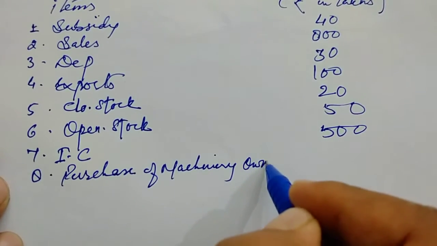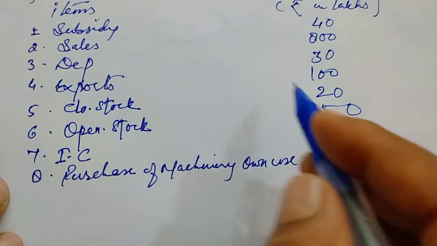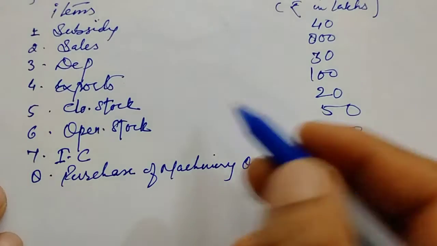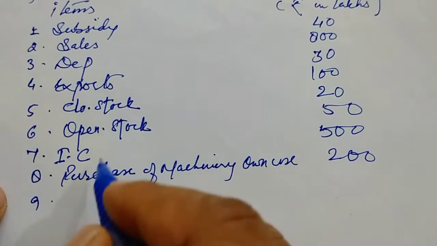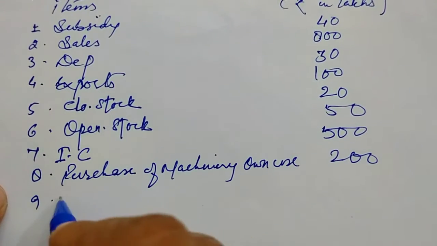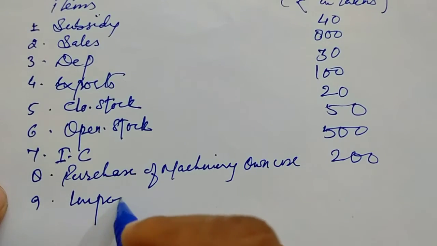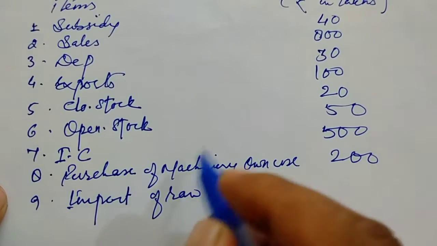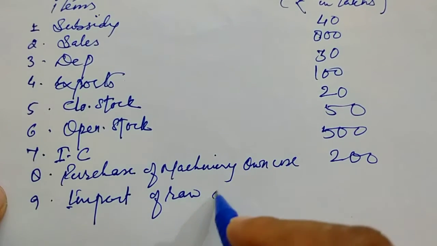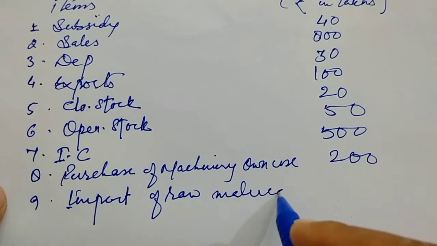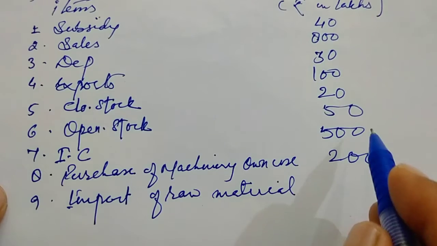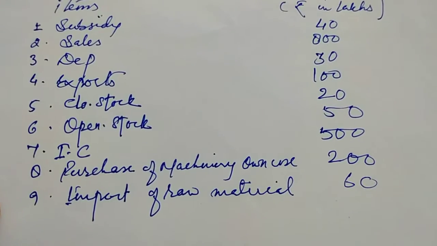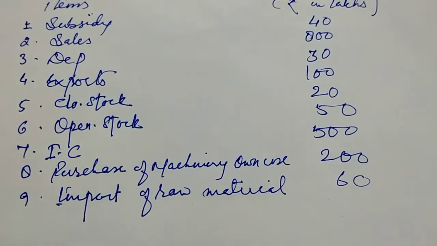Amount is 200. And last I am taking import of raw material, and its amount I will write 60. Alright children, this is our data given below.